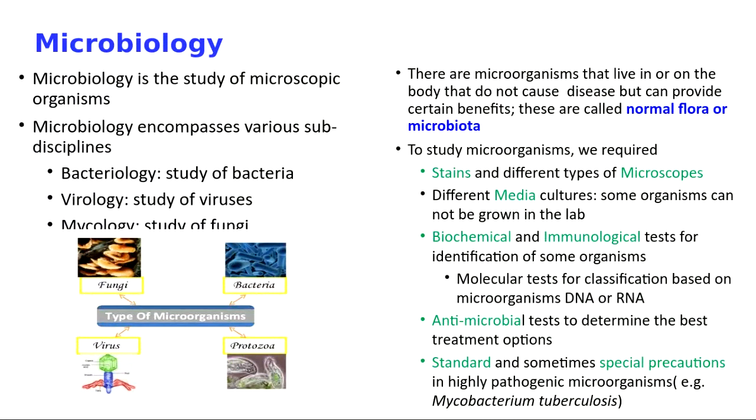We also use different biochemicals and immunological tests, meaning we look for the antibodies that the organisms make to help us identify those organisms. We can use some molecular testing, looking for specific DNA of the organism, different RNA, different mitochondrial components. So we can use parts of those organisms to help us identify them.